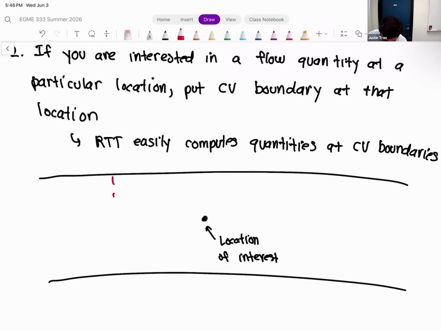Don't draw your control volumes so your location of interest is somewhere on the interior. This does you no favors, as there is in fact no way to actually compute this.